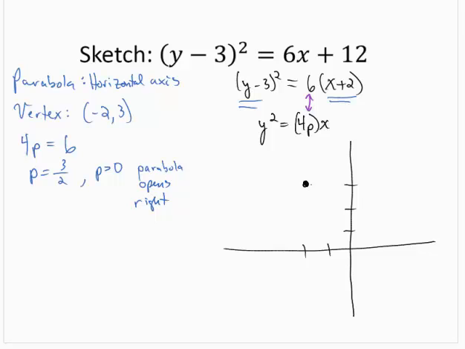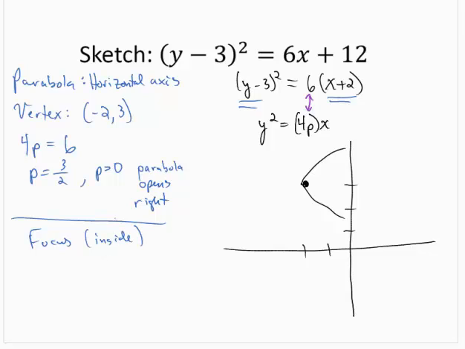So there's the vertex at -2, 3. I know that it opens right, but let's find the directrix and the focus. So remember, since it opens right, the focus is on the inside of the parabola.